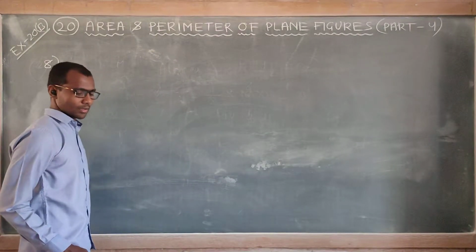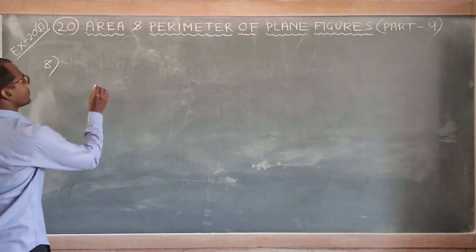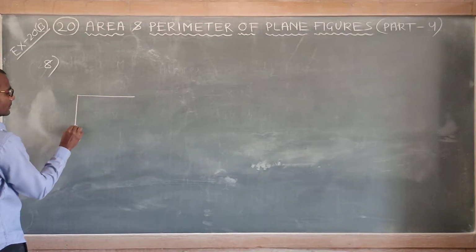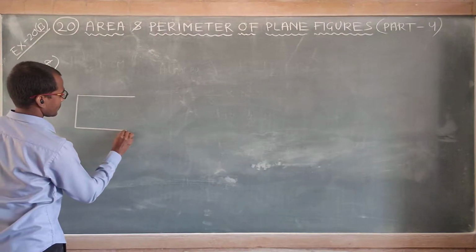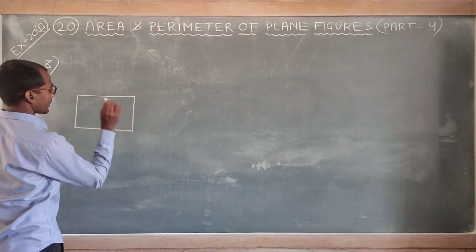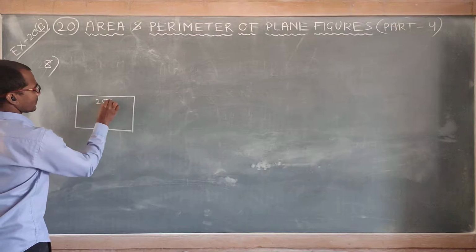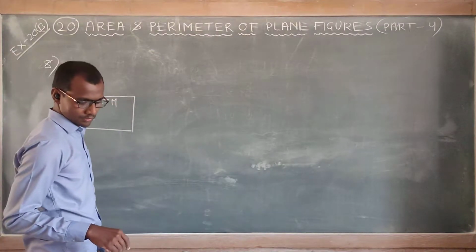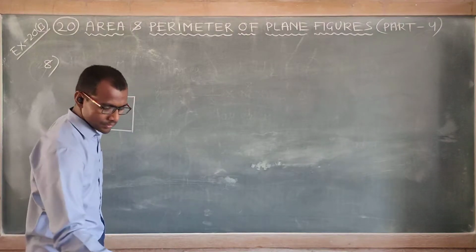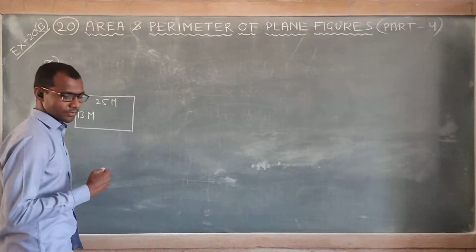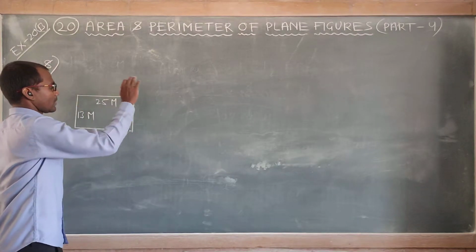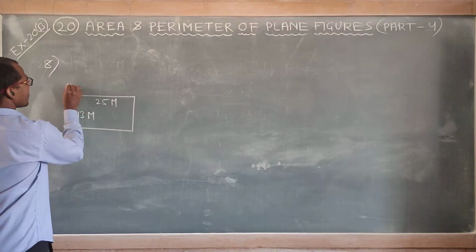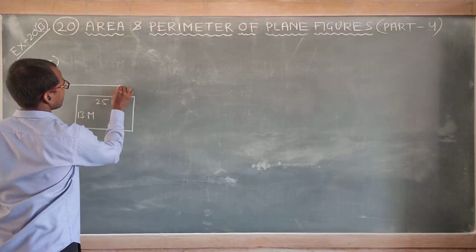So we have a rectangular grass plot like this. This is 25 meter and this is 13 meter. Then there is a footpath running all around the outside of the grass plot, whose uniform width is 2 meter.